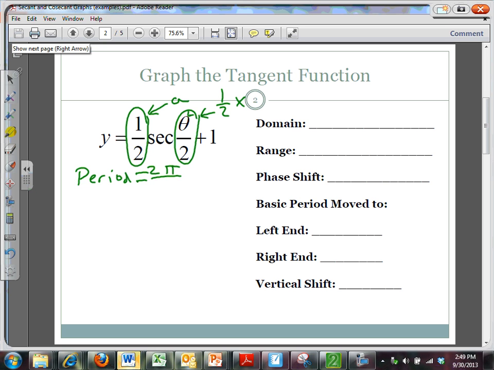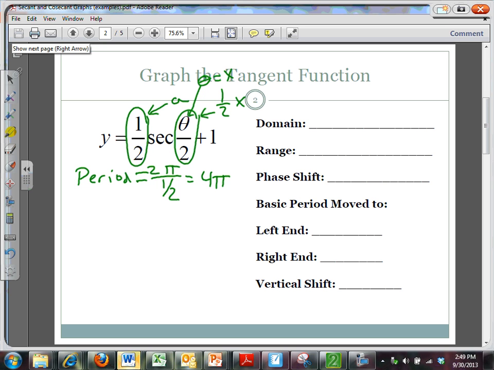Please keep in mind that this theta is equal to x, so you can just change it. So my B is 1/2. When you put all that in your calculator, you get that your period is equal to 4 pi.